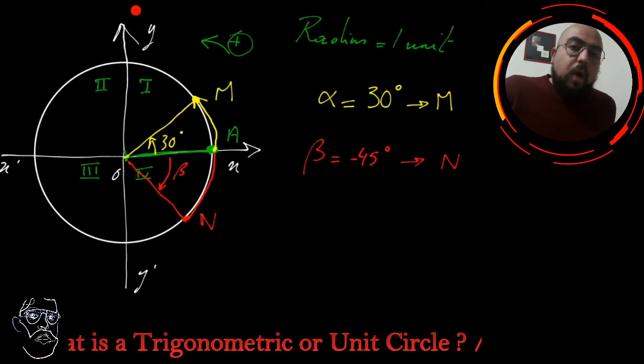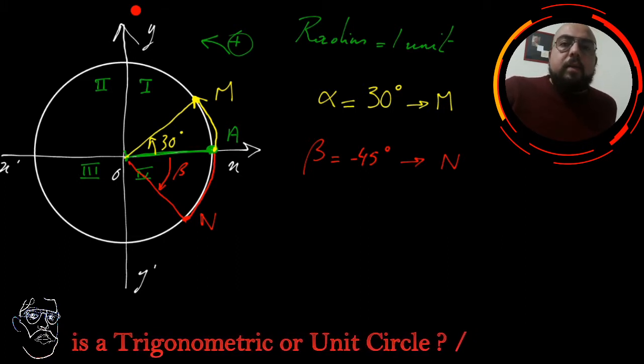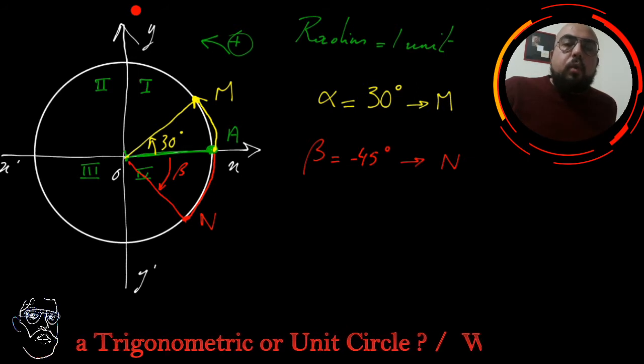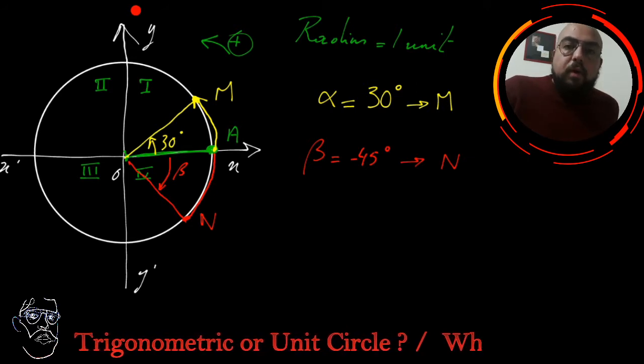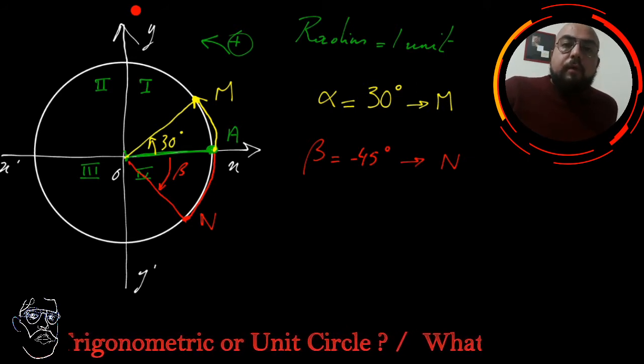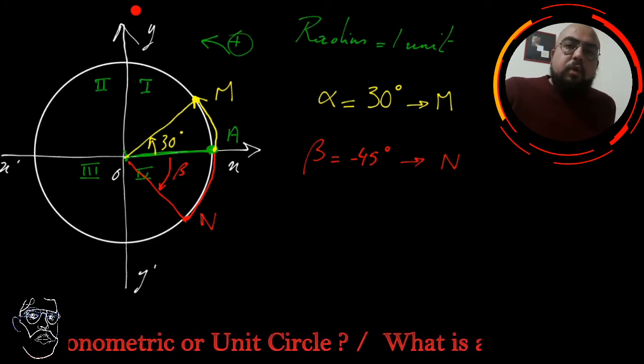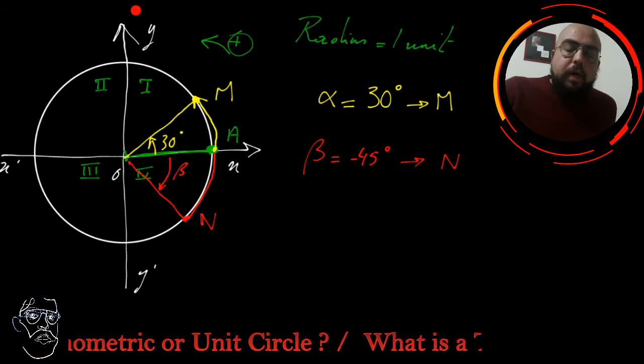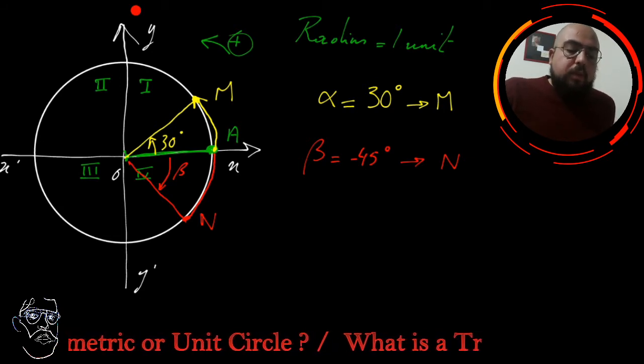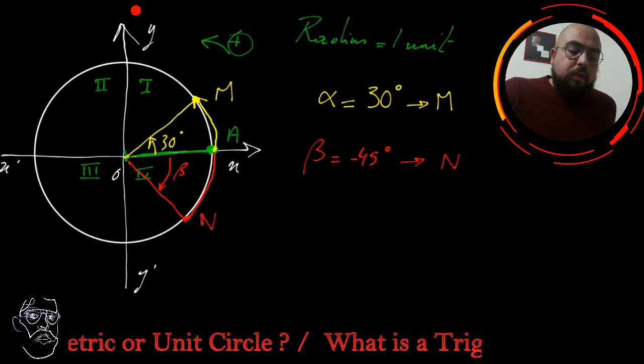Whenever we had the right triangle, we had angles which were simply positive. In this case, you can have values which are negative. Negative means that you have to go clockwise, which is of course the opposite direction of your conventional positive orientation.